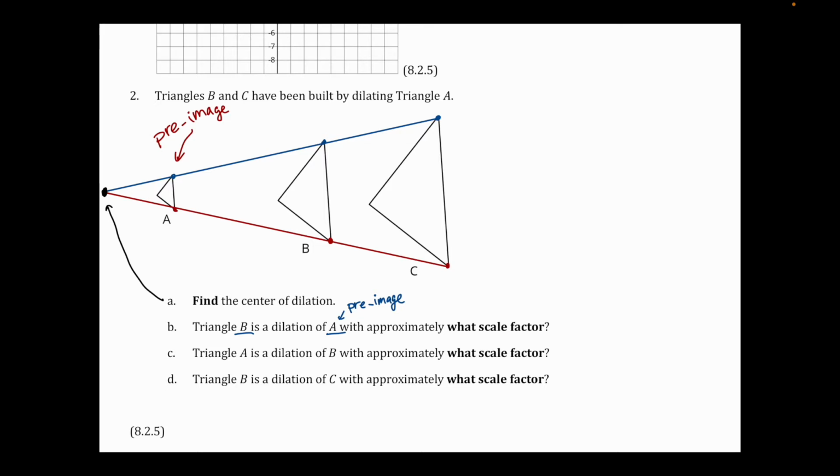So in this case, these distances are going to be about 3 times the size. So I am looking at first my distance from the center to my original triangle A, and then the distance from that to triangle B. So if I do a little bit of iPad copying, cheating magic here, I can actually copy my exact distance and paste it and paste some more of them and show that it's about 3.